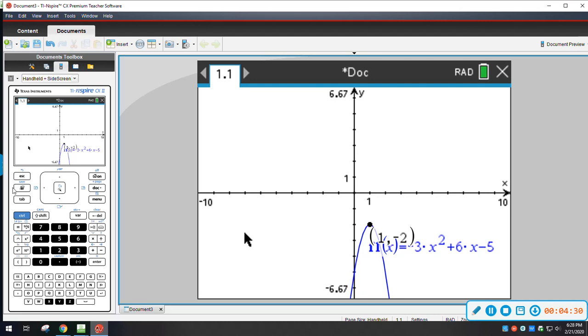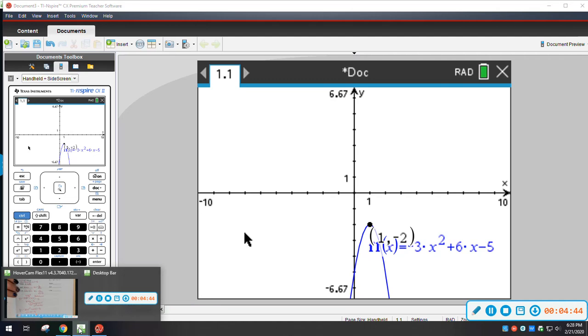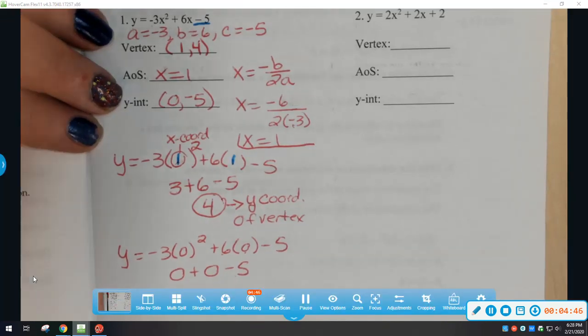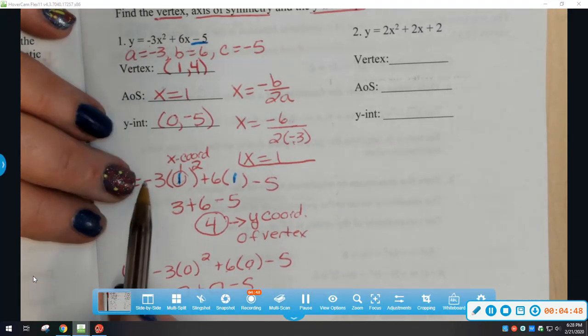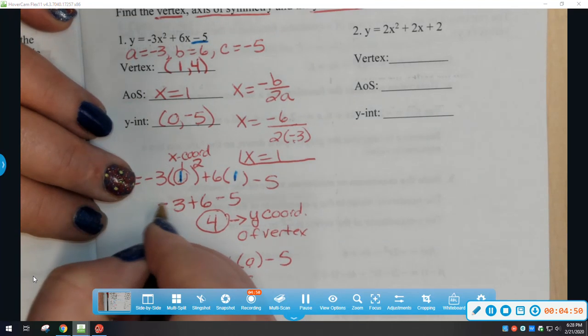But when we did it algebraically, we did not get 1, negative 2. Ooh, what did we do wrong? Oh my gosh, I see our mistake. Or my mistake, not your mistake. Look right here. Negative 3, I lost my negative.